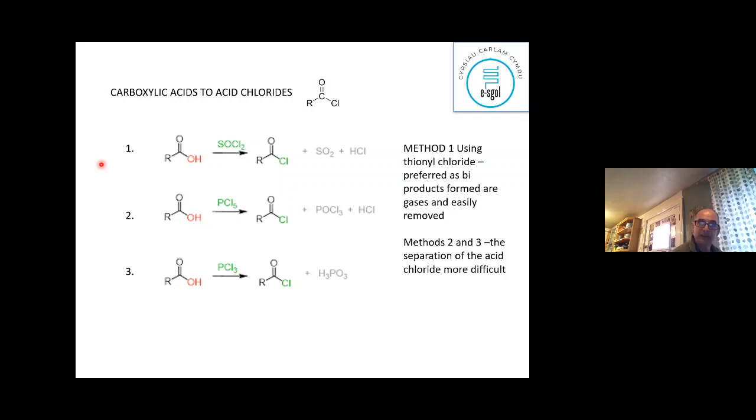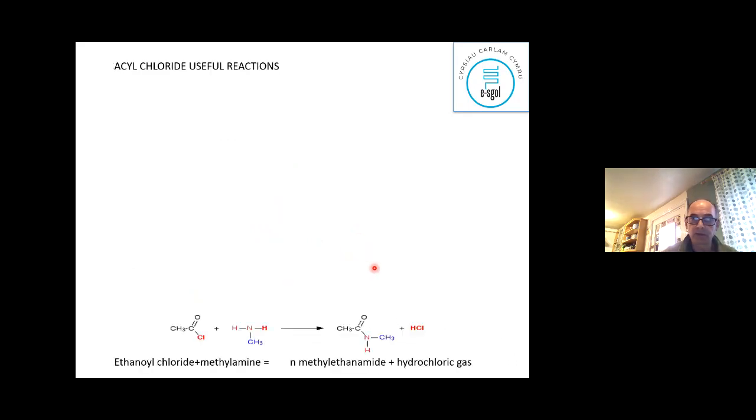Method one, as before when we looked at alcohols turning into halogenoalkanes, the thionyl chloride method is preferred because sulfur dioxide and HCl are produced, which come off as gases. With methods 2 and 3, there are harder separations between the acid chlorides and the byproducts. An example there.